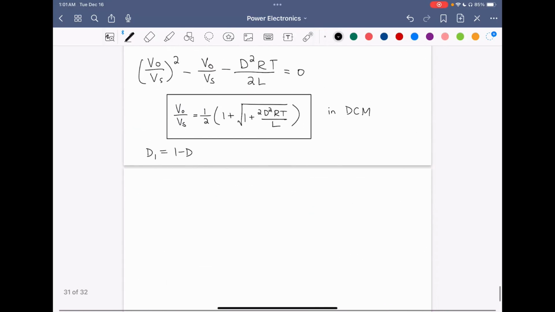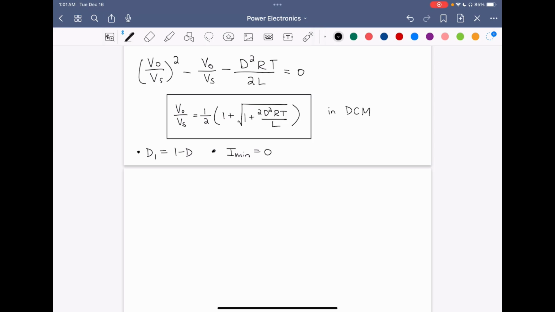So this is one condition. And the other condition we had found previously during our continuous current mode analysis, and that's where I min, the minimum inductor current, is equal to 0. So these two conditions establish the boundary between continuous and discontinuous operation.